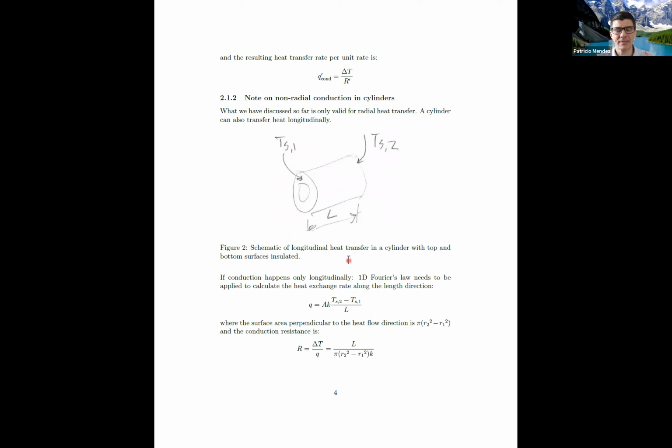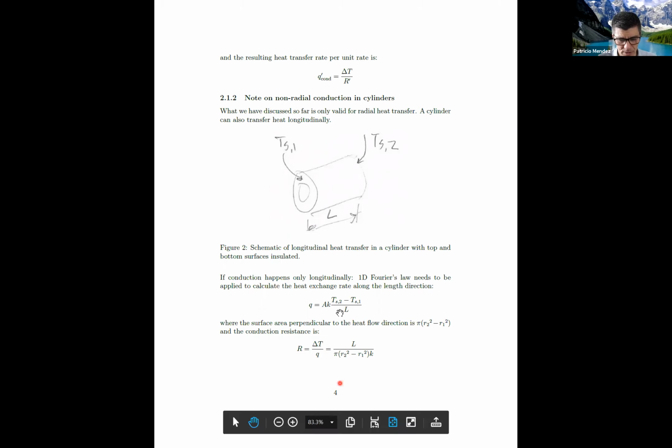If you show me exactly the same cylinder, but you tell me the inside of the cylinder and the outside of the cylinder are always at the same temperature, but the left end and right end are at different temperatures, oh, completely different problem. Actually, in this case, it becomes a 1D problem in Cartesian coordinates. The formulas in this case, which I work here, are the same formulas we would use for a wall.